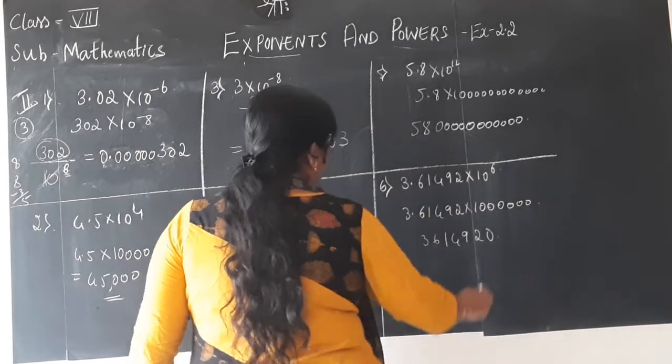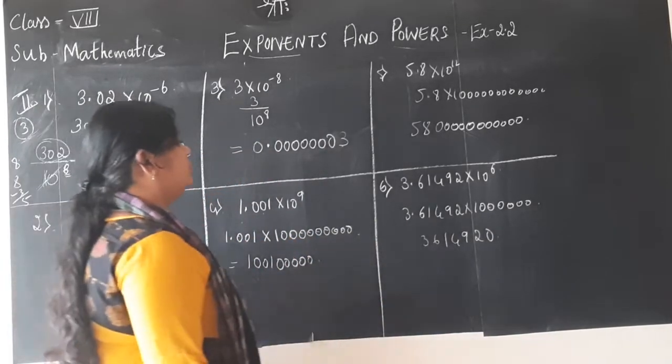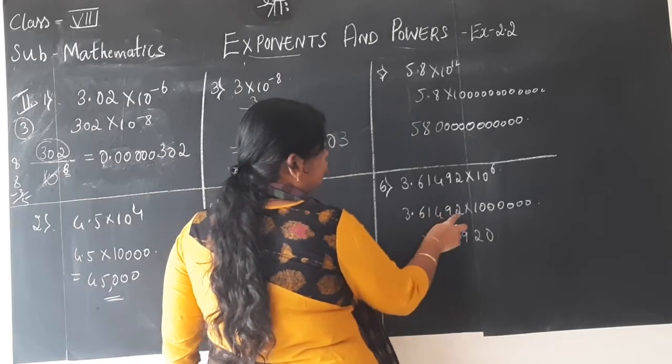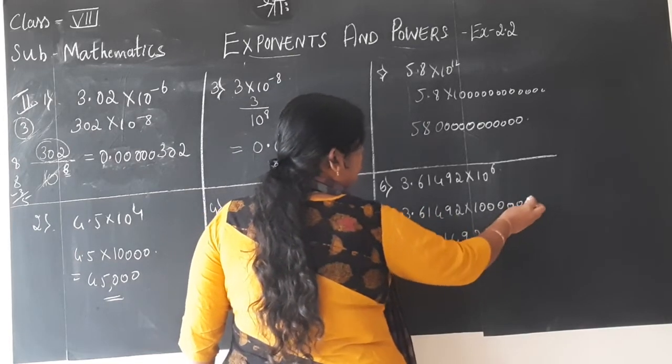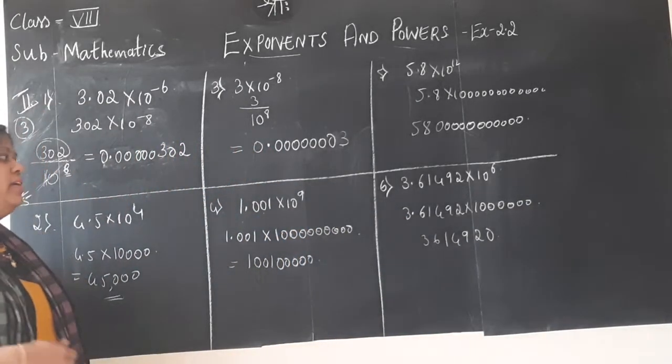So many zeros are there but you are writing only one zero, you should not say that. Do the actual multiplication children. After the decimal point there are 5 digits, so those 5 digits take away 5 zeros. Do the actual multiplication and check.